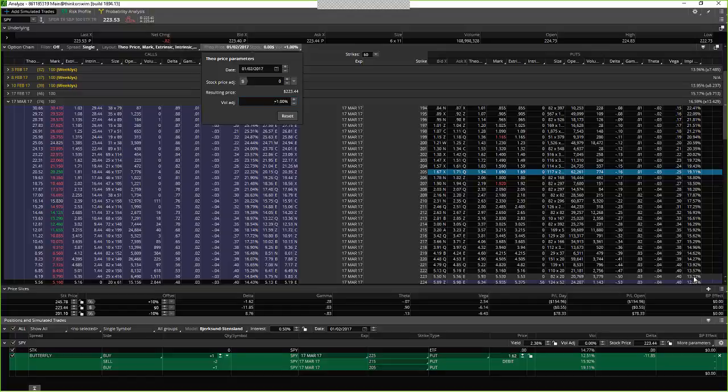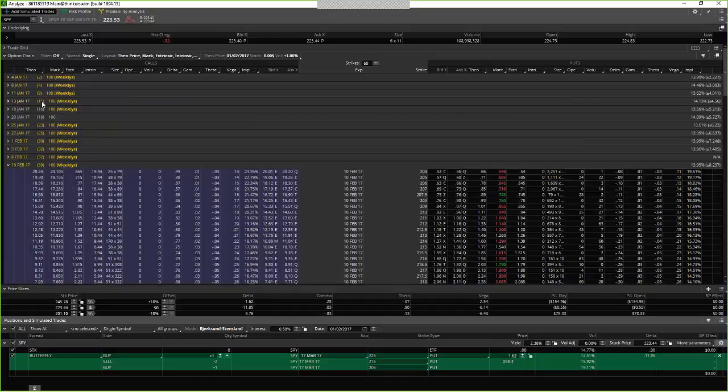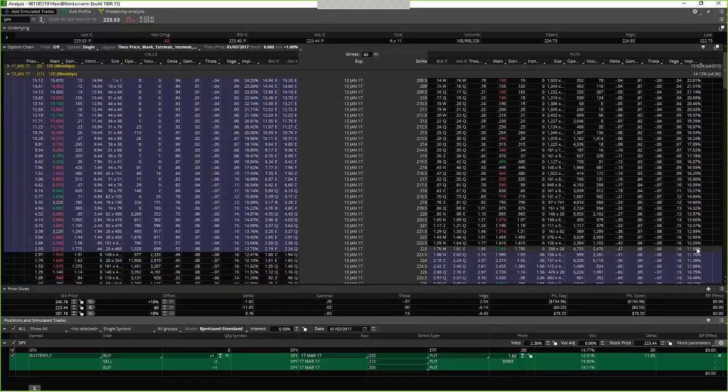And by the way, the difference between the 74-day and the 39-day is going to be different, and that's going to be different to the 11-day. One of the things we've seen is that as we get closer to expiration, these implied volatilities very far below the money tend to go up.